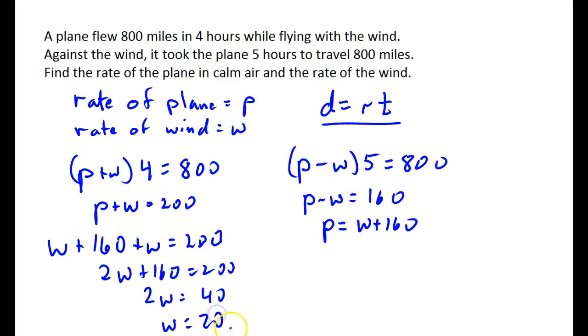W equals 20. So the wind is 20 miles per hour. Well, the plane is the rate of the wind plus 160, so the plane is 20 plus 160, which is 180 miles per hour. So the plane goes 180 and the wind goes 20.